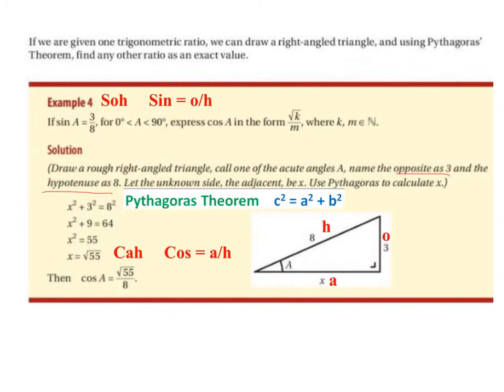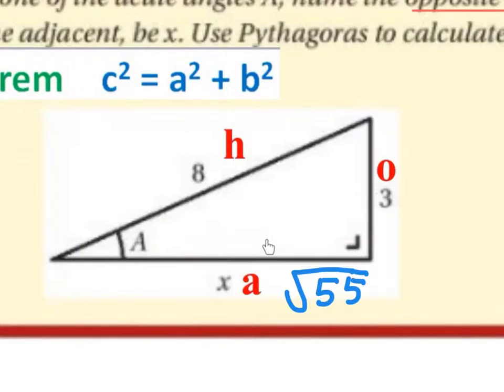We minus 9 from both sides. We get x squared equals 55. Bring the squared over the equal sign, and x is equal to the square root of 55. So now we know that this unknown side, the adjacent side, is really root 55.